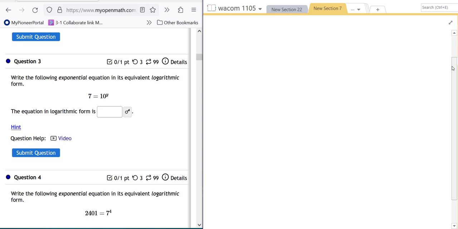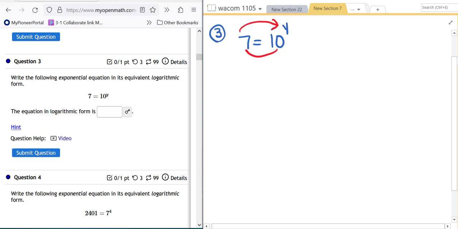All right, this one they have just switched the sides. So don't let that throw you. We have 7 equals 10 to the y. And we're just switching to log form. You're still going to start at your base and you're going around the equals. So you're going to go this way. And so we're going to do log base 10 of 7 equals y.